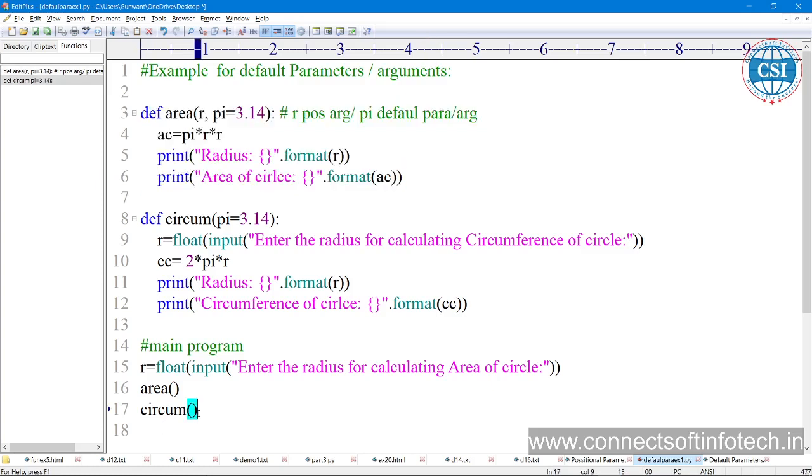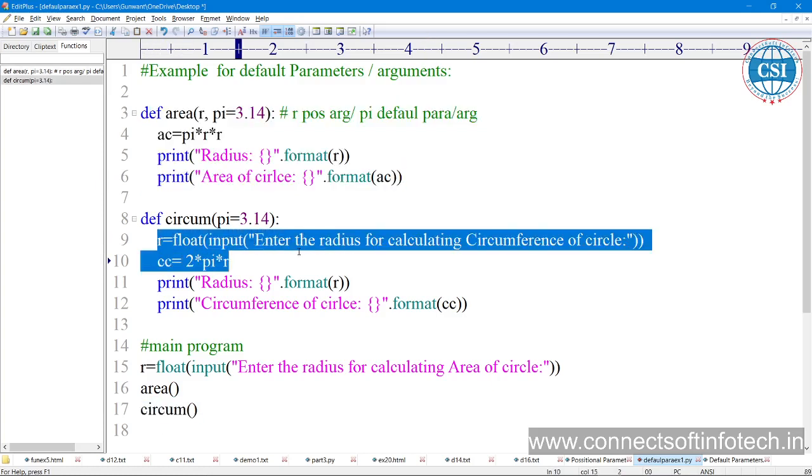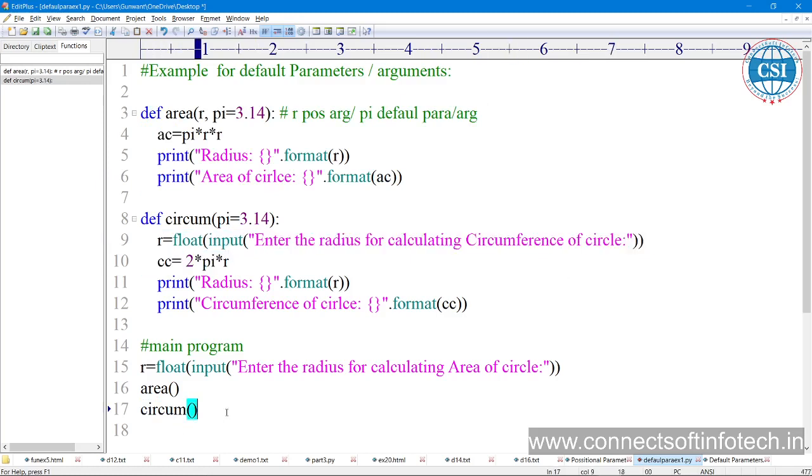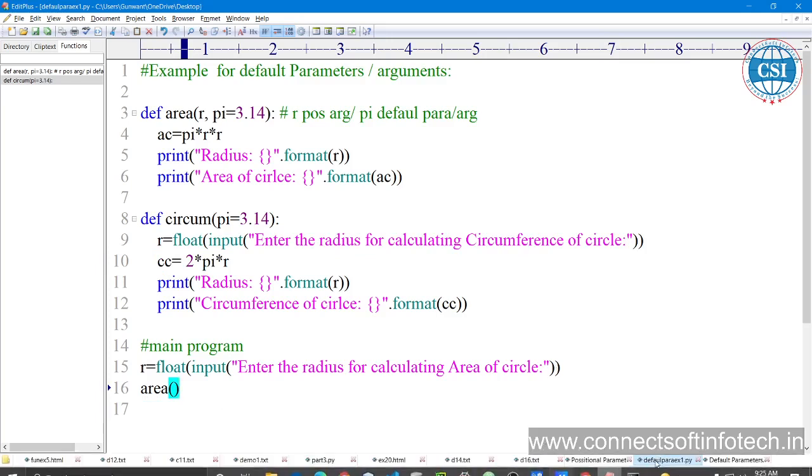Now again calling this function, so again it will print to the output enter the radius for calculating circumference of circle. First of all I am only calculating the area. Okay, so now see here, what is the name of this?